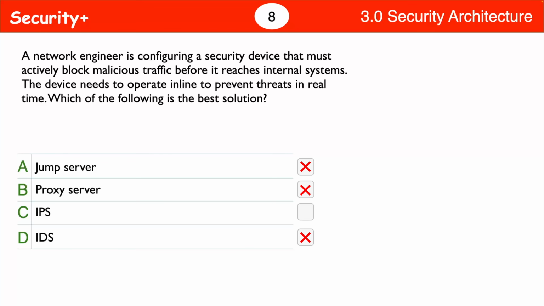A proxy server helps filter web traffic and enforce policies, but does not actively block malicious network threats in real time. So that leaves us with the answer, which is C, IPS, which stands for Intrusion Prevention System. An IPS is an active inline security device that monitors and blocks malicious traffic in real time before it reaches any internal systems.